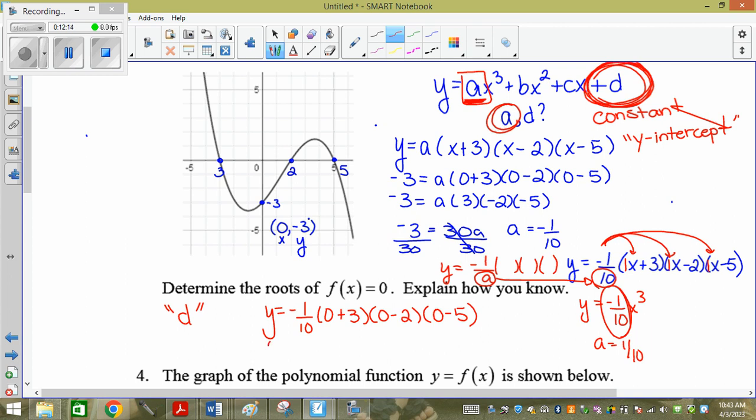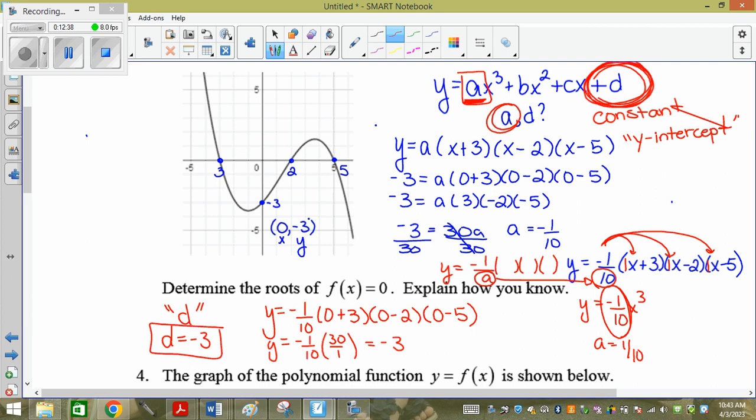So I would get -1/10, and then this is the same thing as I had before, -6 times -5, which is 30, over 1. And so I would get -30/10, which is -3. So my D would equal -3 without me having to find the whole thing.